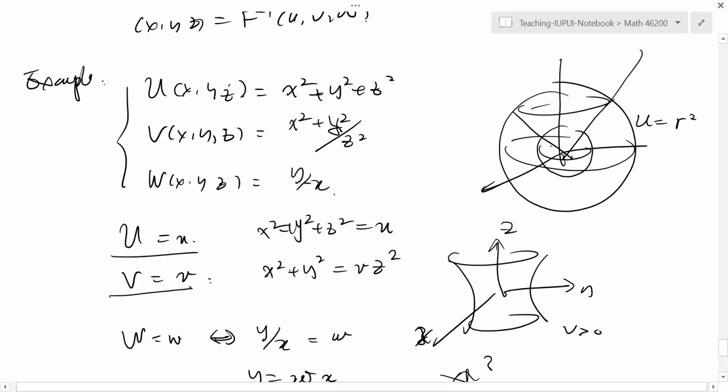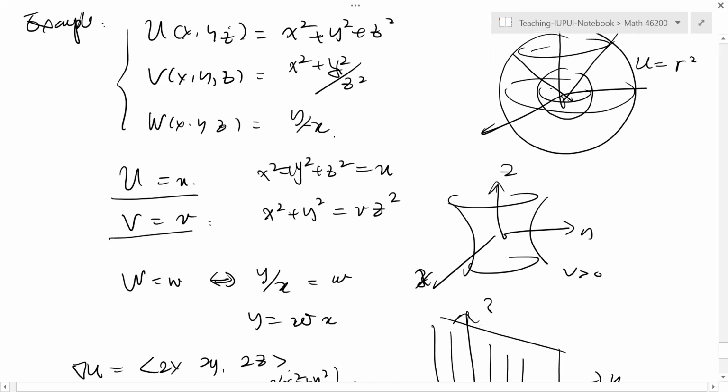Capital V equals little v is a family of cones, and they all start from the origin; they can shrink and expand. And W is a family of planes. Y equals w x is a line in the xy plane with slope w, but because there is no restriction on z, it is actually a plane in three-dimensional space.